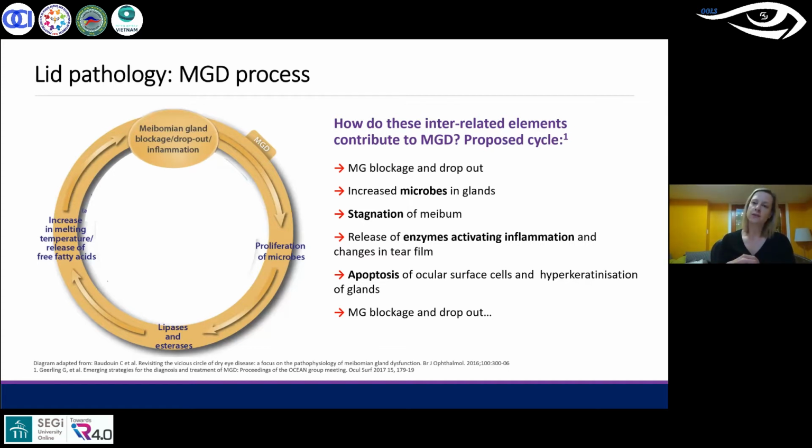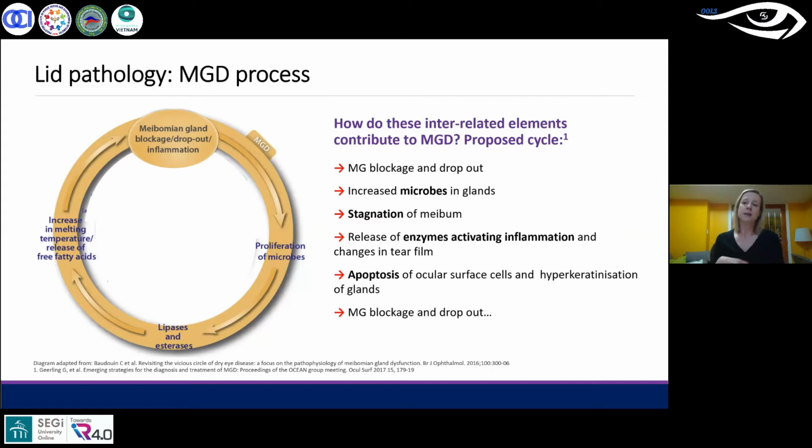Within those glands, we understand that the microbiome starts to change, and there is an increased amount of microbes that sit in those glands. That, in turn, we believe changes the consistency of the meibum sitting in the glands, making it thicker and harder to get out of the gland. So it sits in and gets kind of stuck and stagnates in there.